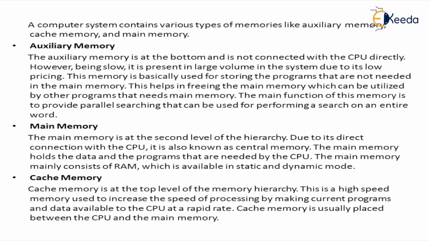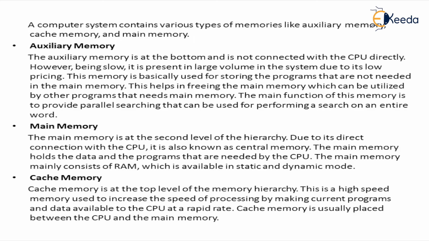Now, what is main memory? The main memory is at the second level of the hierarchy. Due to its direct connection with the CPU, it is also called the central memory. The main memory holds the data and the programs that are needed by the CPU.